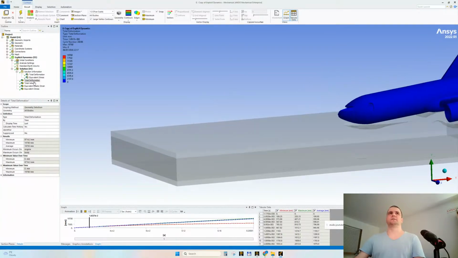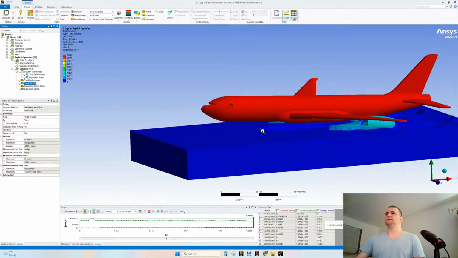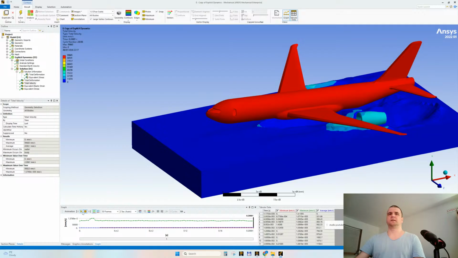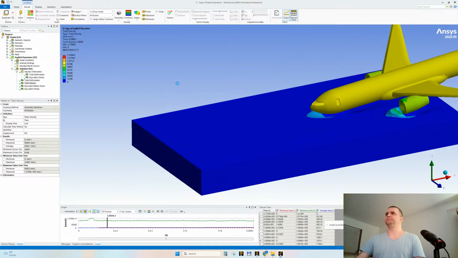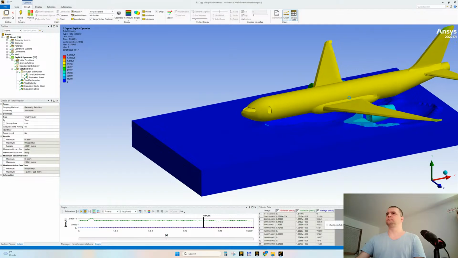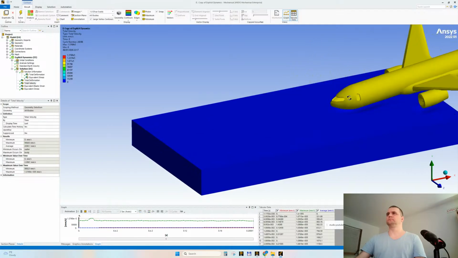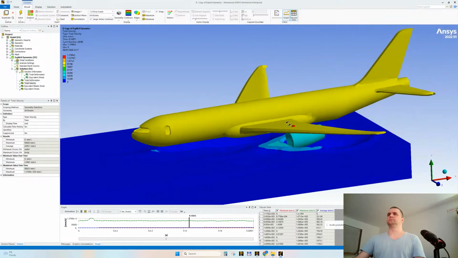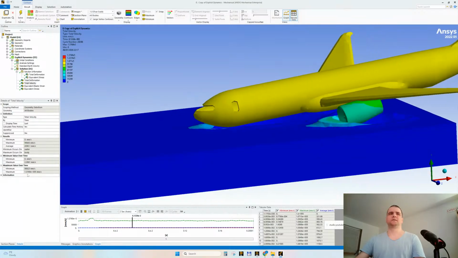The engine is flying away. Let's see. Yeah, it's very nice.